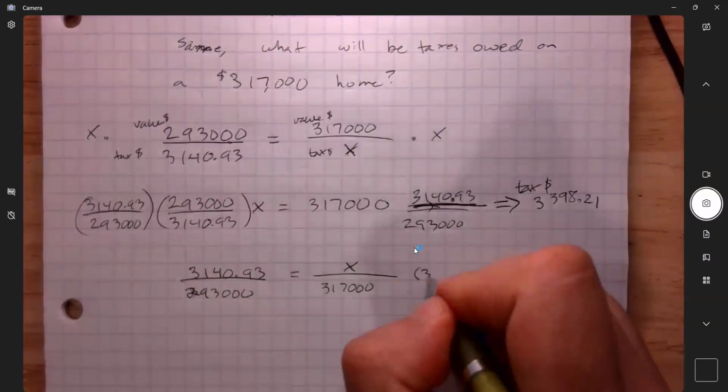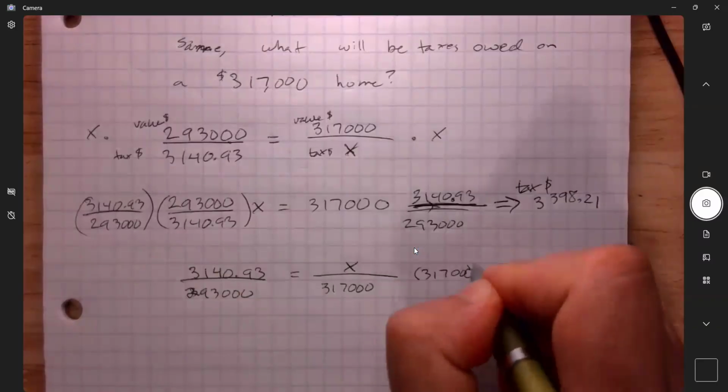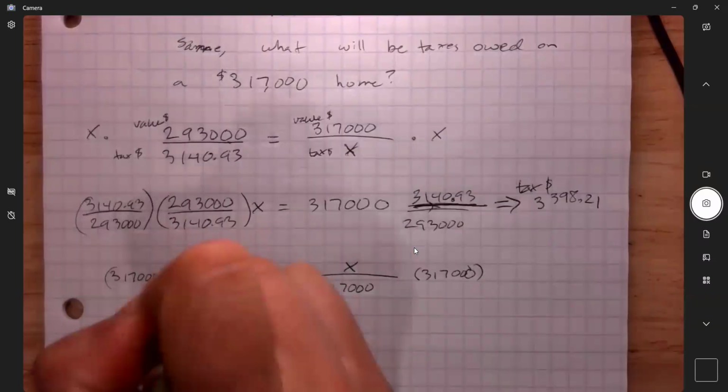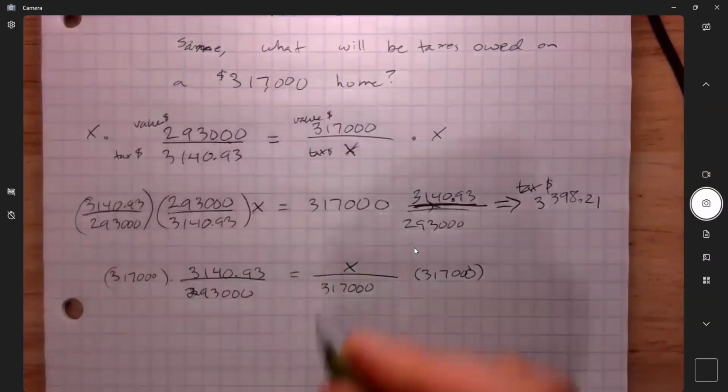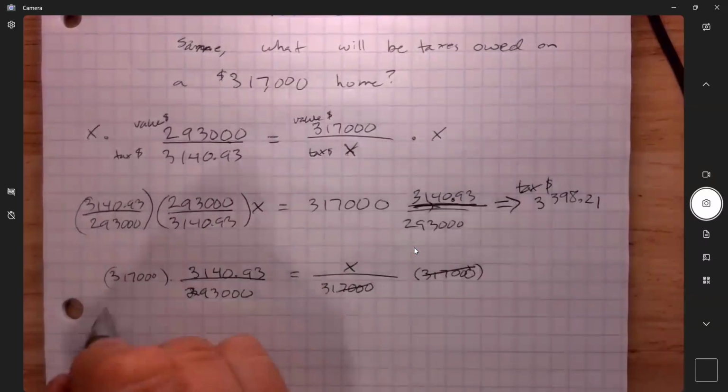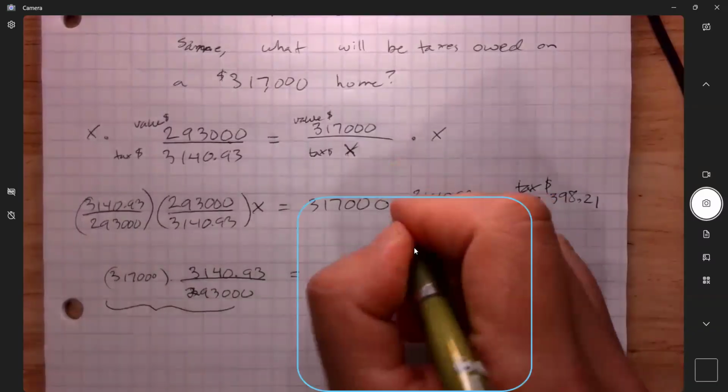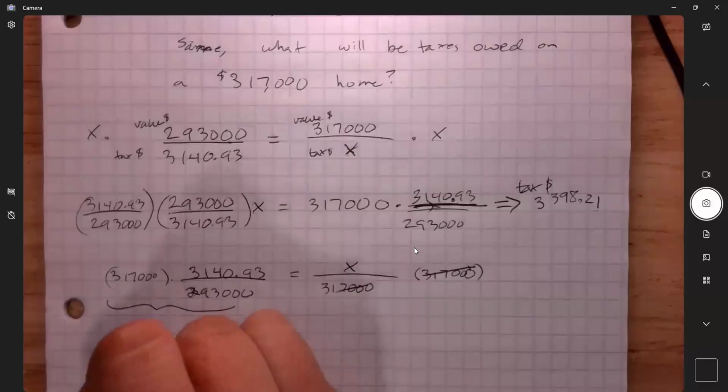And then all I have to do is multiply both sides by 317,000. And there's a lot less work involved. Those cancel. This number is exactly that number, right? There's the same calculation right there.